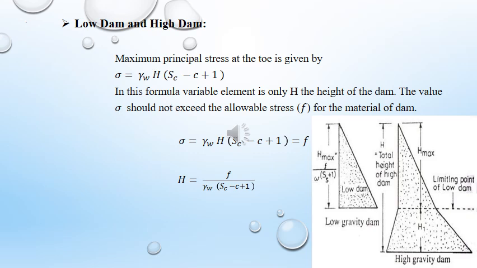So, the value of sigma varies directly with the height of dam, means sigma is directly proportional to H. To avoid failure of the dam by stressing, the value of sigma should be less than or equal to the allowable compressive stress F of the material. So, F is equal to sigma, equal to gamma W H into SC minus C plus 1. So, H is equal to F upon gamma W into SC minus C plus 1.